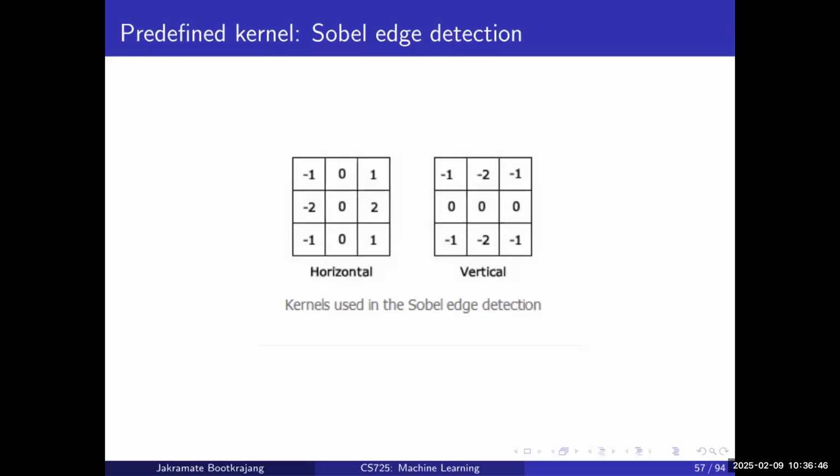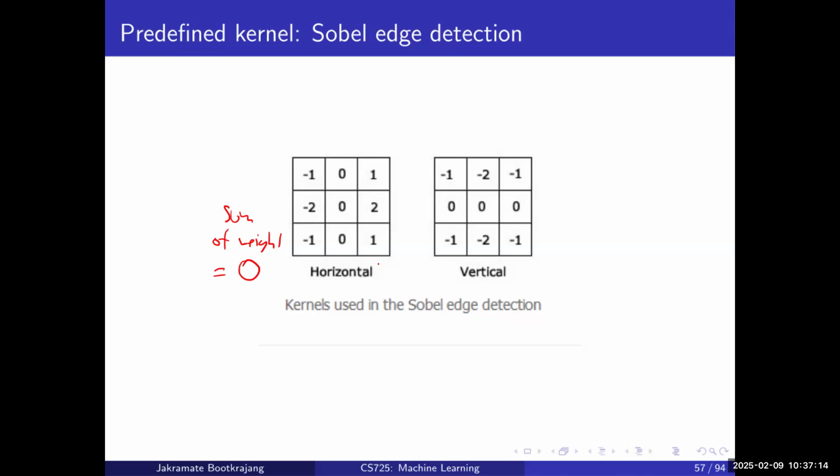We have two types: a horizontal type and a vertical type. The way that you define a kernel is that the sum of all the weights must be equal to 0. If you sum all the numbers, you will get 0.